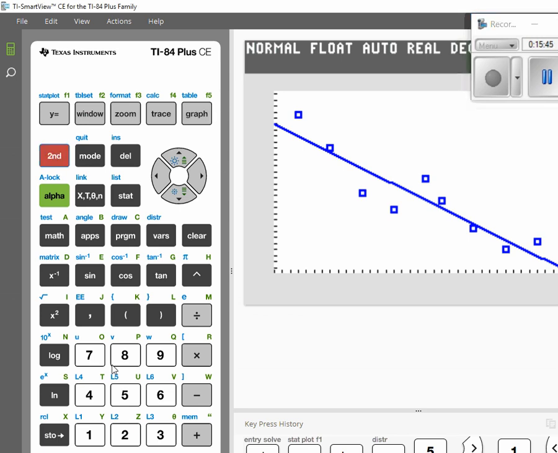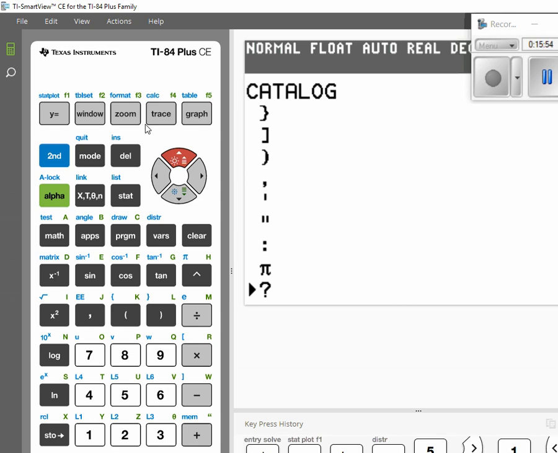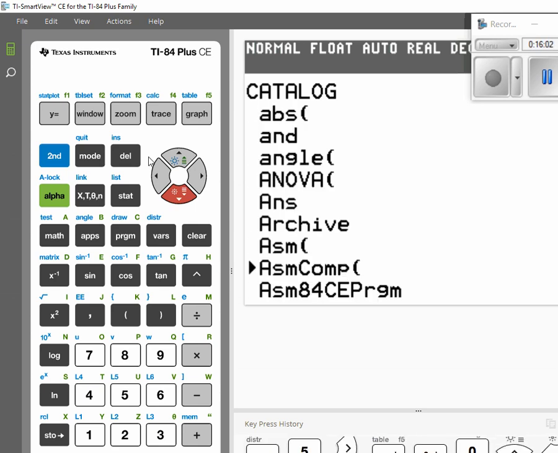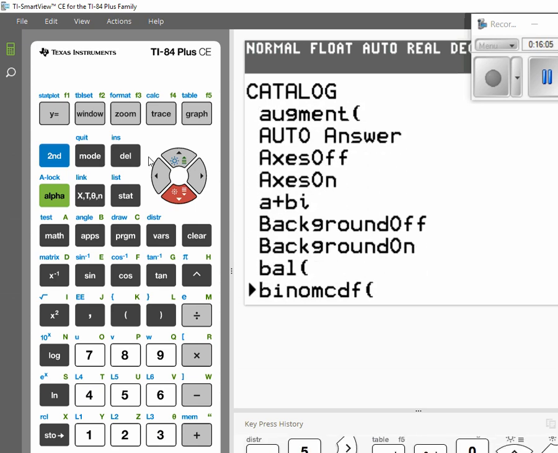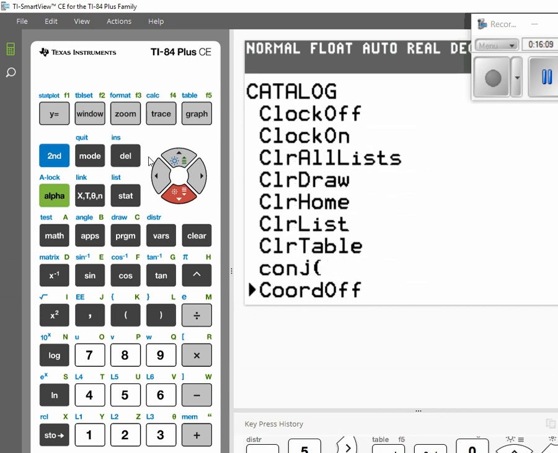So go to second 0. And we're going to turn the diagnostics on. Okay, well, let's keep on. We're going to get to diagnostics. To D, it's alphabetical.